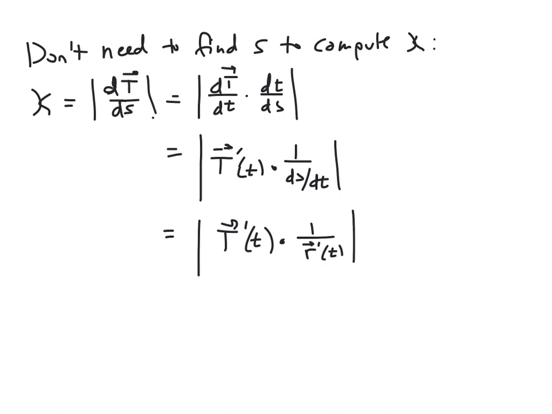Right, so ds/dt is precisely the magnitude of r prime of t. We've seen that before. And so we can put this all back together. This is going to be the magnitude of T prime of t divided by the magnitude of r prime of t.